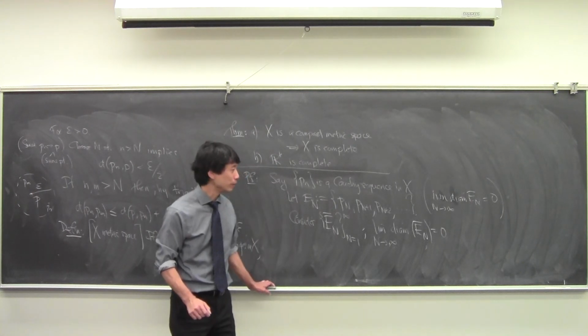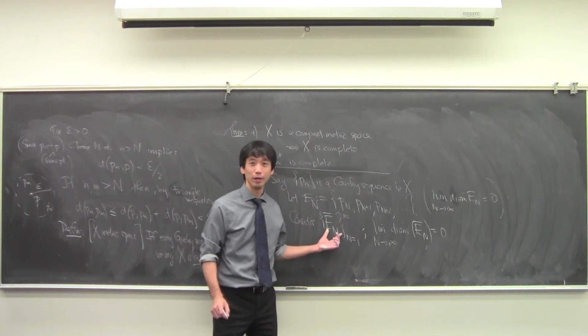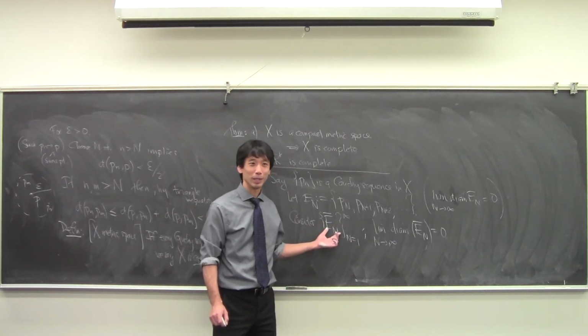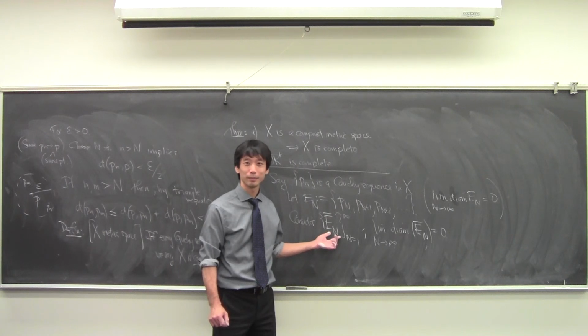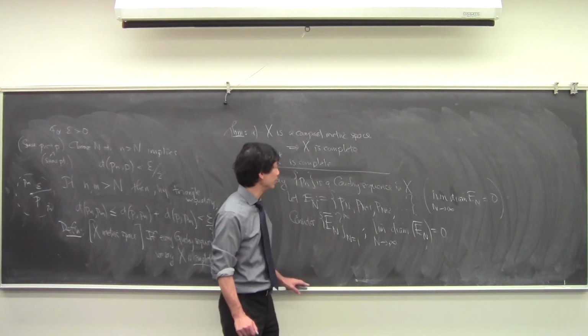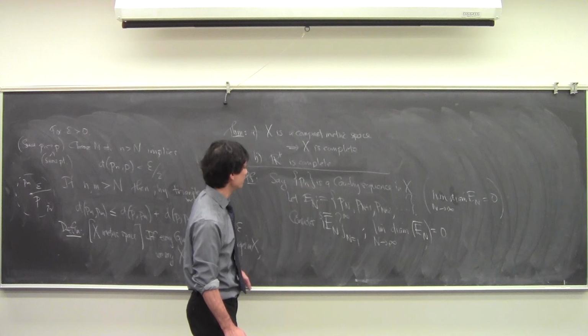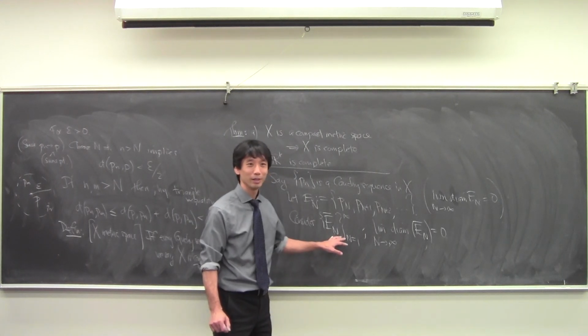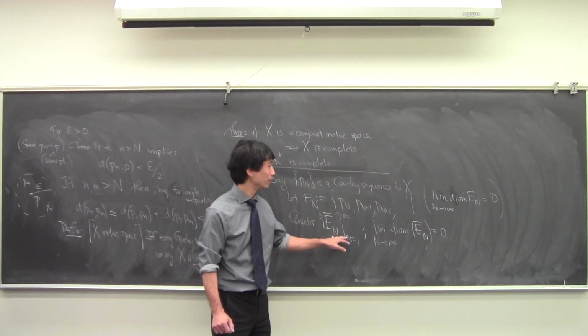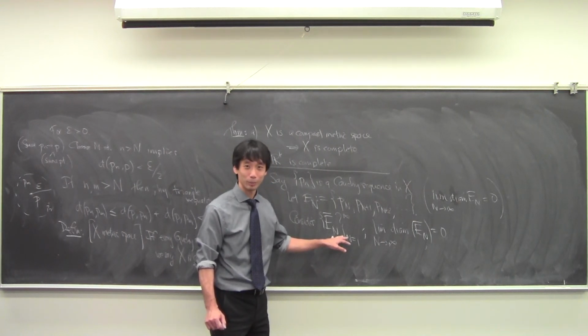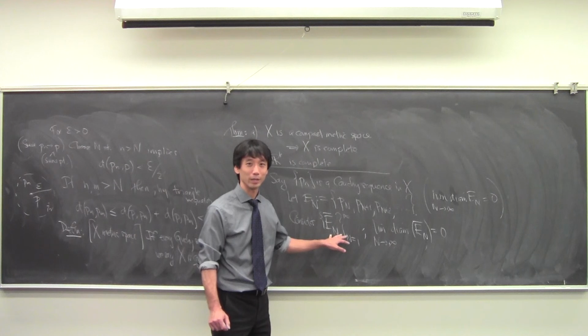What else do we know? Well, these are pretty good sets. They're closed, and they're bounded. But we're not in R^k, so you can't say by Heine-Borel they're compact.